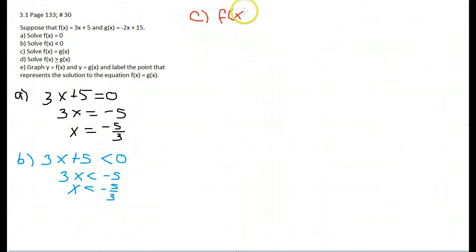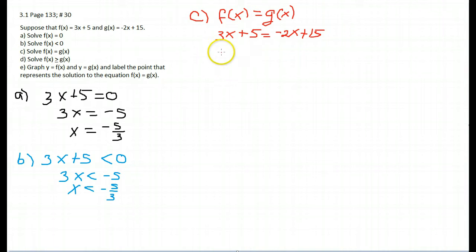Well, our f of x is 3x plus 5. Set it equal to g of x, negative 2x plus 15.